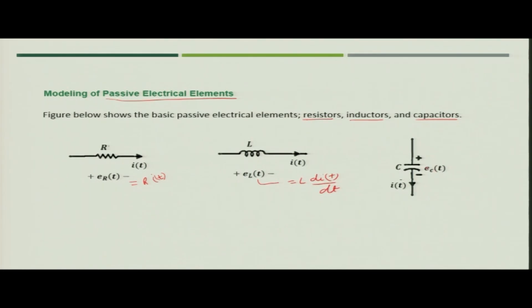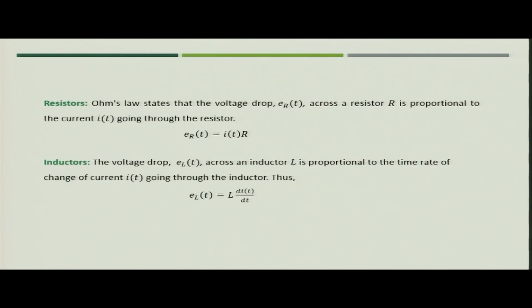And for the capacitor, we have seen the current I in terms of the voltage across the capacitor. That is, I is nothing but C d of the voltage across the capacitor at any time t. So, C dEc by dt is the current which is flowing through the capacitor. This is what we have already discussed.